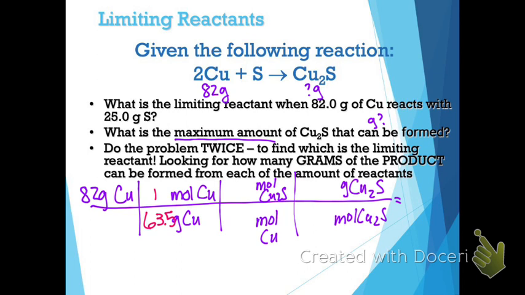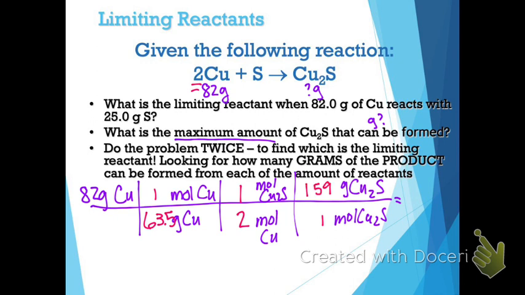We didn't check to make sure it's balanced, but I see a coefficient, so I assume that it is, right? If you look over it, it actually is balanced. So that's going to get a 2 and a 1. Moles here gets the 1. Copper sulfide, 55. What'd you get? 159. Okay, thank you.